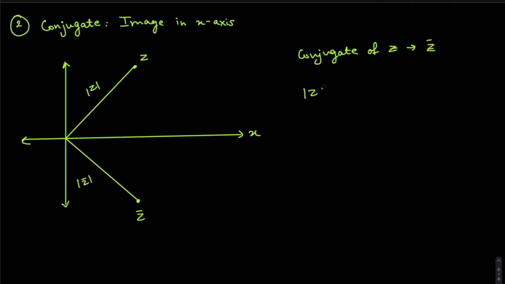So the modulus of Z is equal to the modulus of Z bar. The simple reason is that their x component and y component are the same in magnitude. They only differ in signs. So if Z is equal to x plus iy, Z bar will be x minus iy.